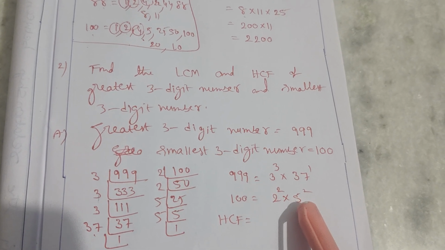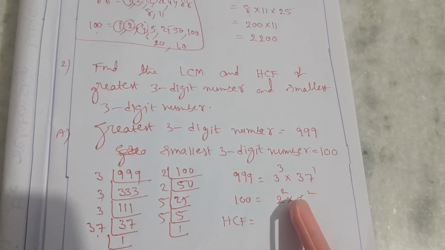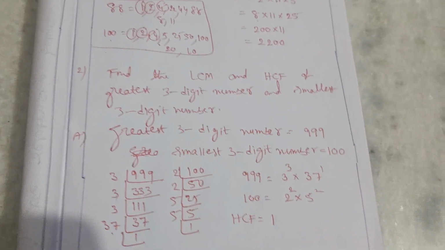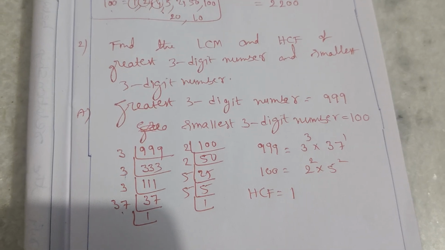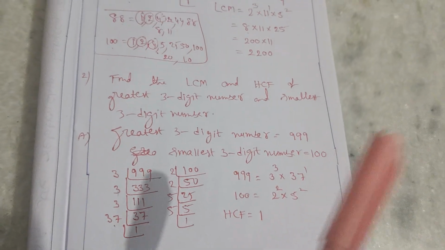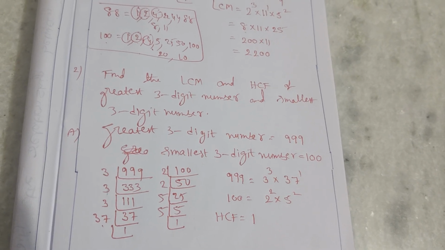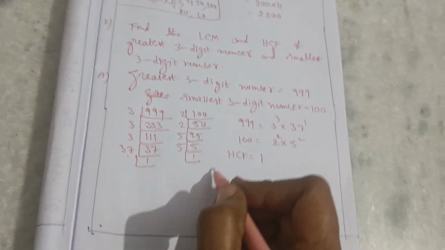No, we did not observe. So what do we have to write? HCF is 1. Why do we have to write HCF 1? Because 1 is the factor of every number. If no common factor occurs, then 1 is the HCF of the given numbers. Did you understand?